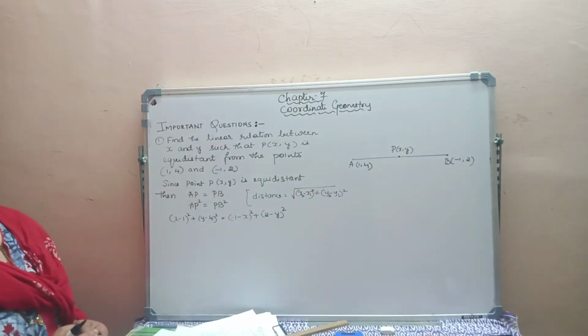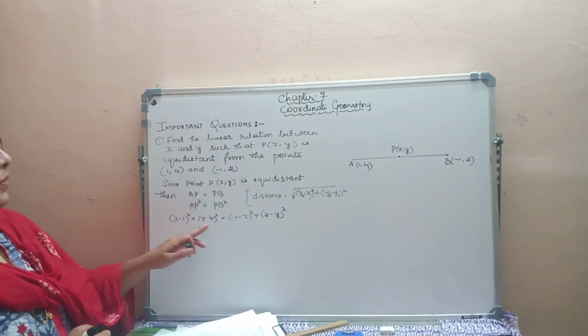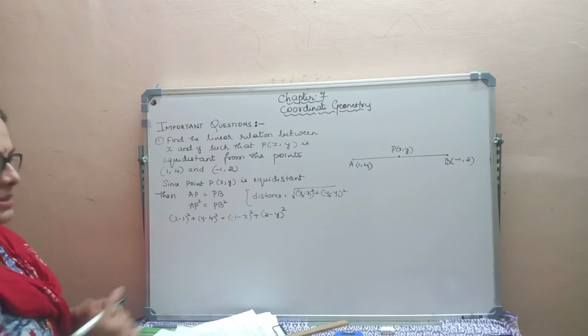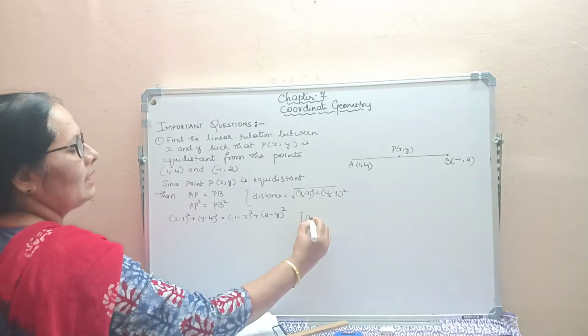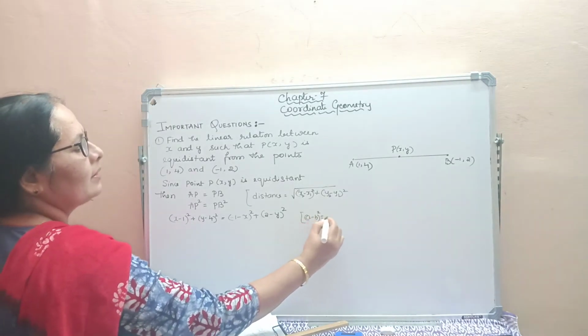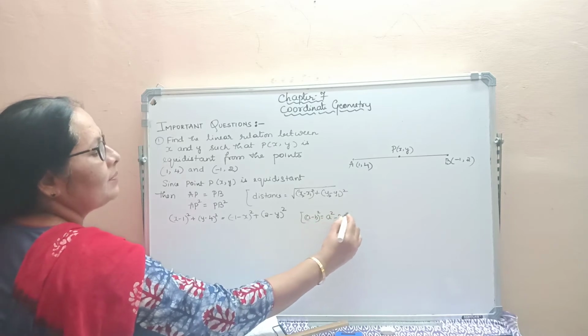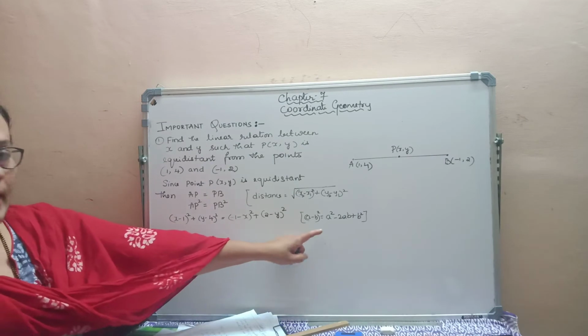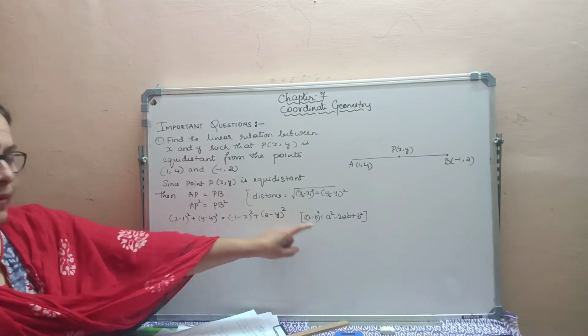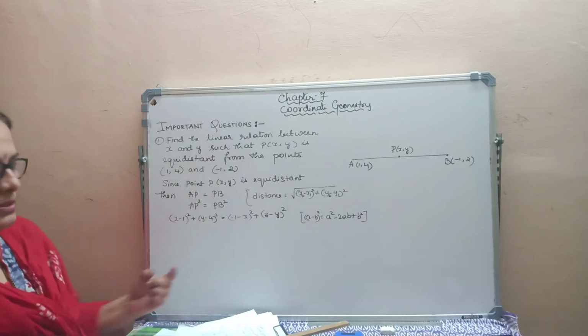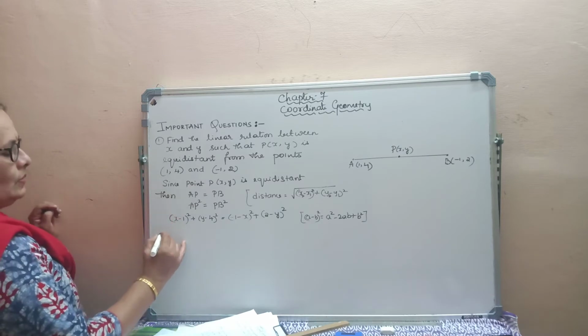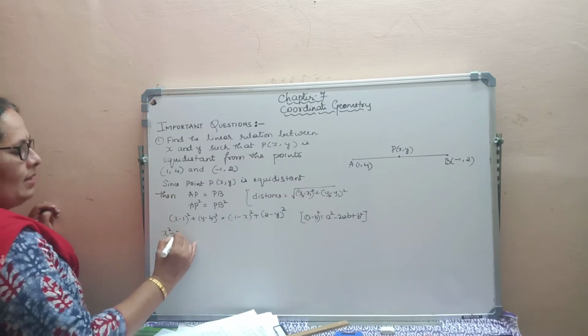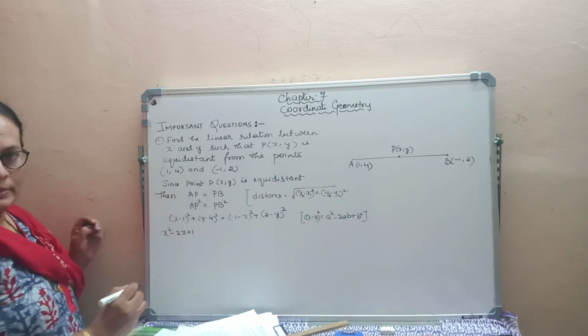Now apply the identity a minus b whole square, which is a square minus 2ab plus b square. So we can use this identity to expand these expressions. So x minus 1 whole square is x square minus 2x plus 1.